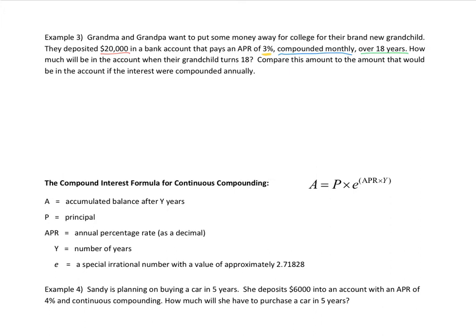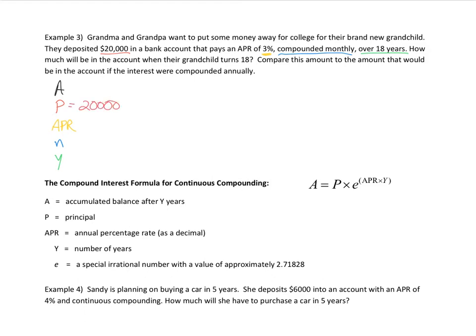So what I'm going to do, just to make sure I get all my information down, is write APR, n, and y, and fill in everything I know. So I know that the P was 20,000.